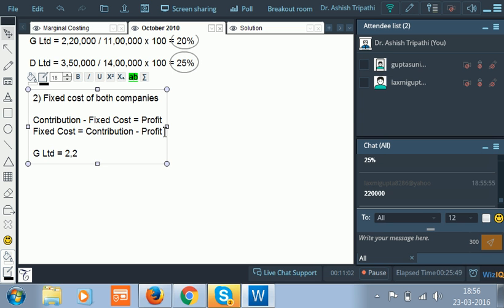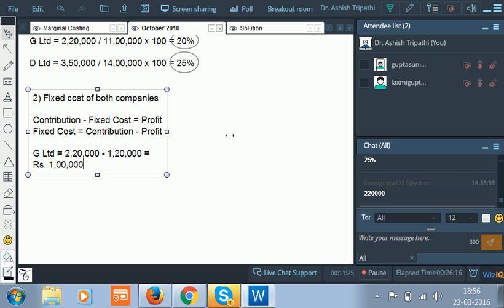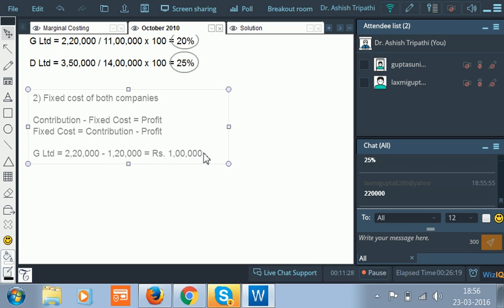Correct. 2,20,000 minus G Limited profit is 1,20,000. So 2,20,000 minus 1,20,000 will give you rupees 1 lakh. So this is the fixed cost of G Limited.